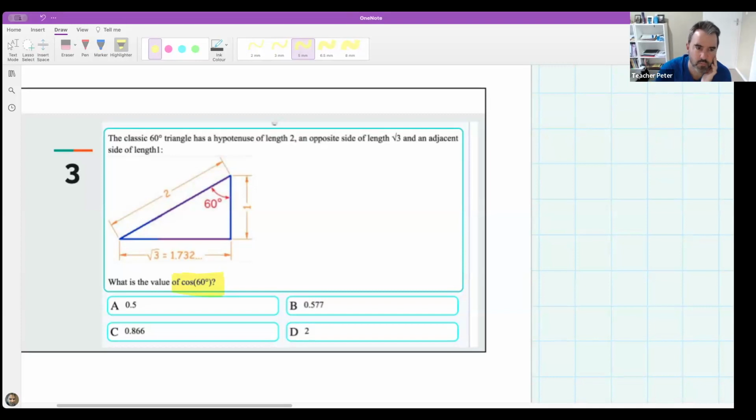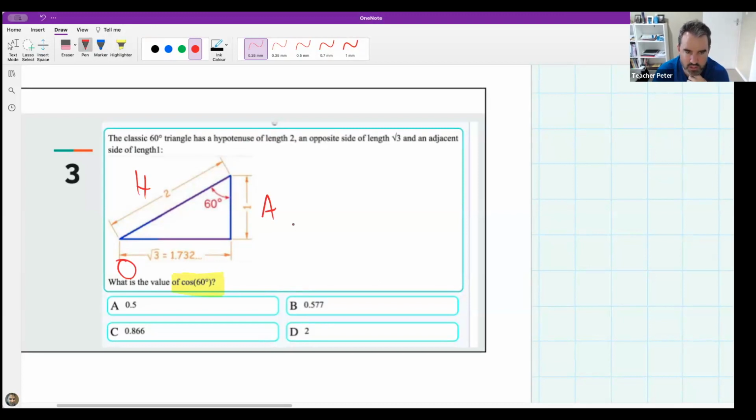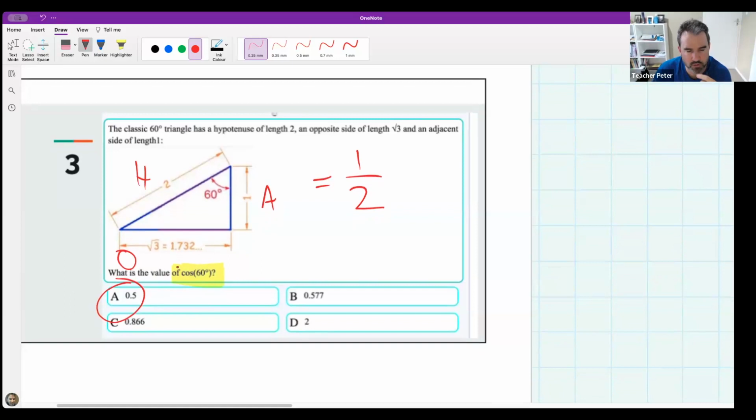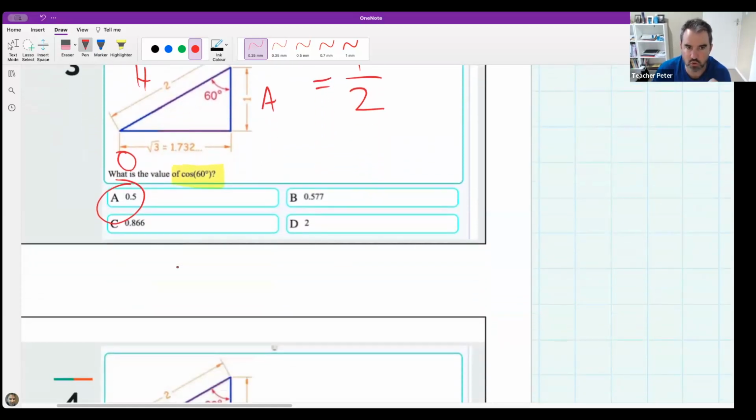Okay, so now what we need to make sure is we know that that's O, that is A, and that is H. So what is the cos of 60 going to be? Well, cos of 60 is A over H, which would be 1 over 2, which would give the answer of A.